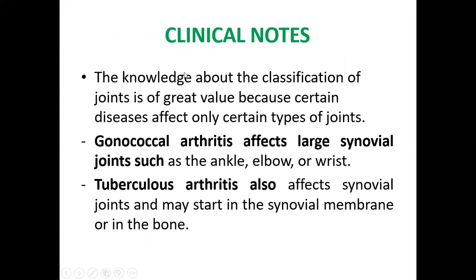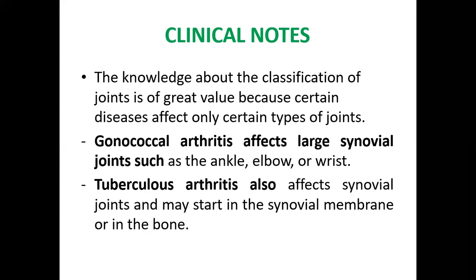The clinical aspects, okay. The knowledge about the classification of joints is of great value because certain diseases affect only certain types of joint. So this is important because there are diseases which are specific to some types of joint. If you know the disease, then you can trace where exactly it will affect.